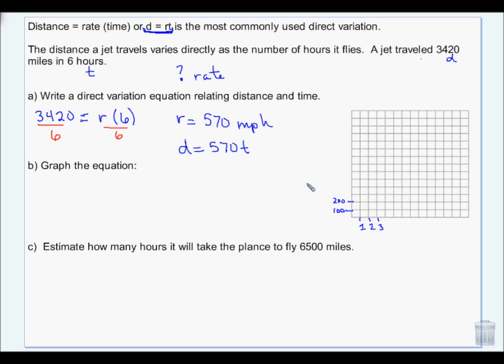The farther they go, the higher it gets. So if I am at 1 hour, I will have gone 570 miles. So if this is 300, 400, 500, 570 is going to be about in there. And I always go through 0, 0, because if I've gone 0 amount of time, I have gone 0 amount of distance. Does that make sense?